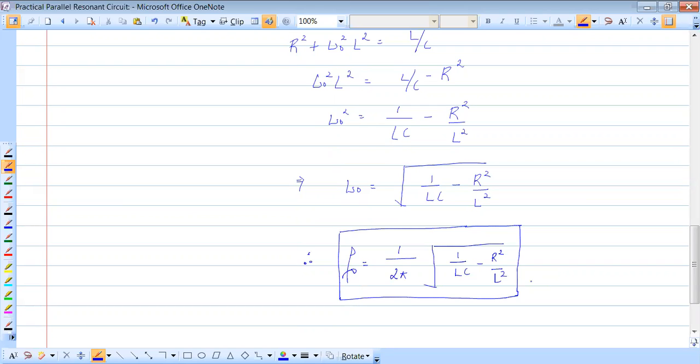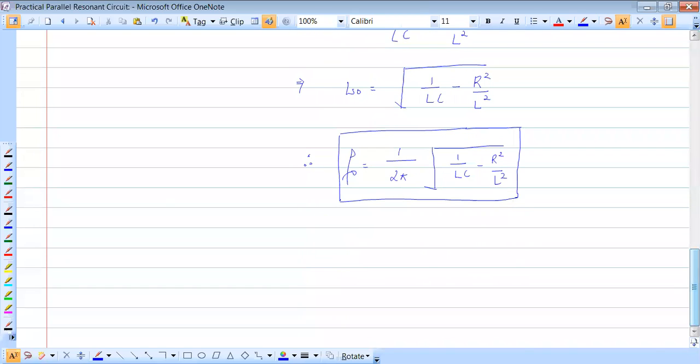Fine. Now the question is, is it possible to express F naught in terms of Q naught? Let's further go on with this. Here, our F naught can also be written as, here I have 1 by 2 pi, right?